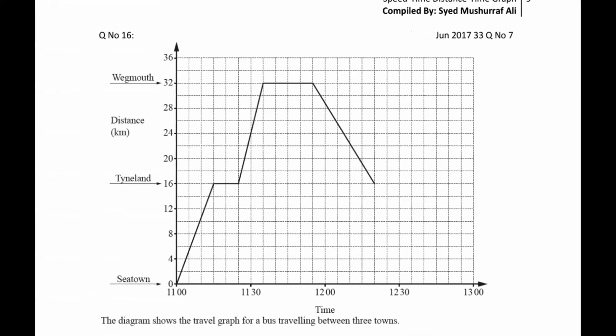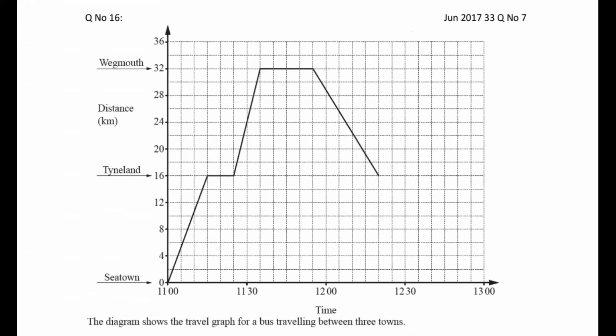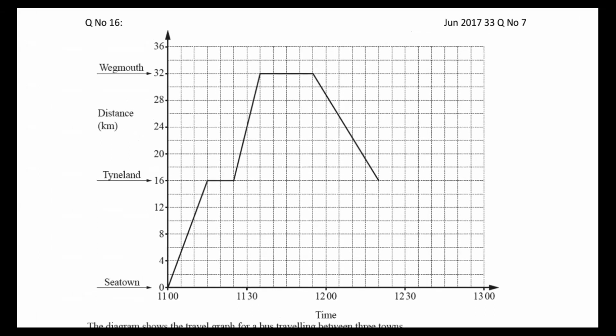Okay, let's start here. I will focus on this question. Now we can do it easily. First of all, before starting this kind of question, whenever minutes are given, you must know how many minutes. For example, 11 to 11:30 means 30 minutes. What is the formula? Value divided by number of boxes.